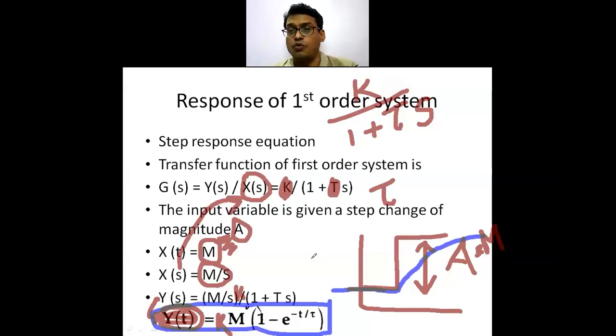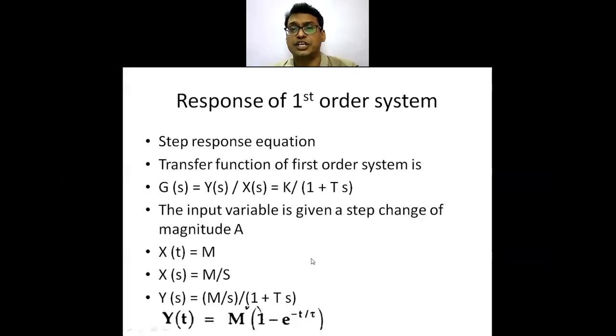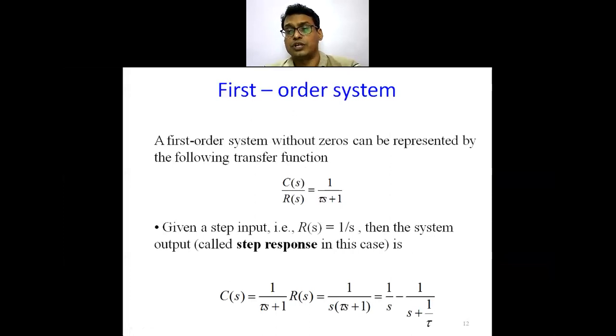So now we will analyze it in detail. For the response equation with 1 upon s, how to simplify that is also there. In some books, instead of writing Y and X, it is written as C(s) upon R(s), where C(s) is the output, the response, and R(s) is the input, that is X(s).